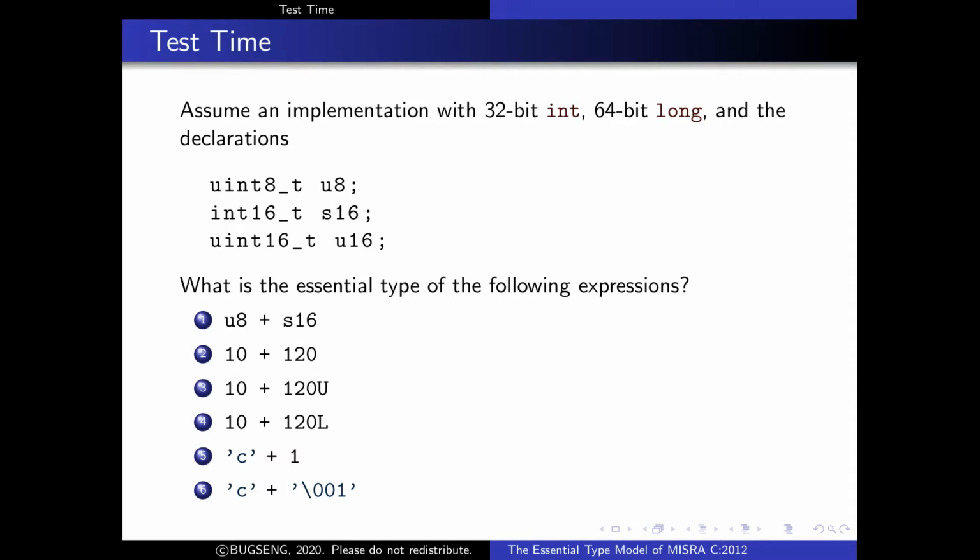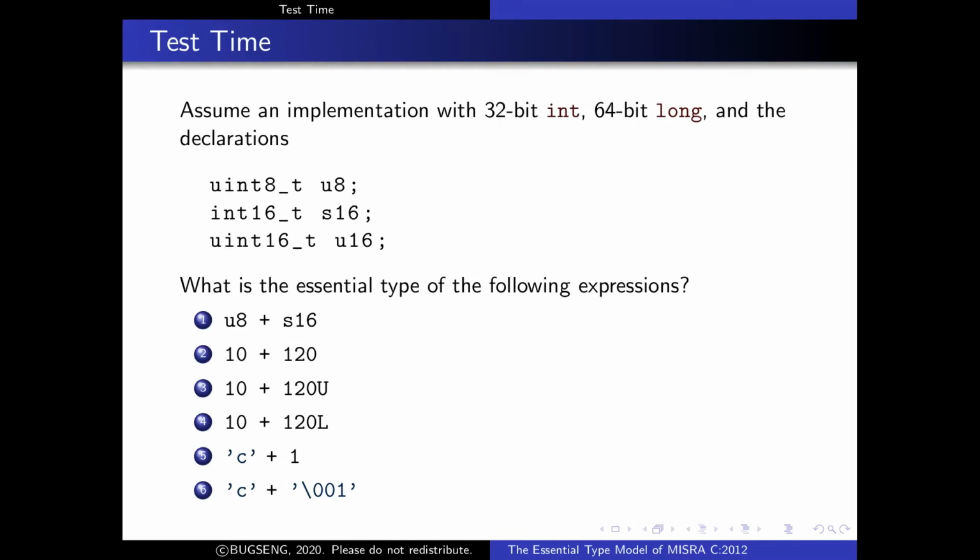Usually understanding the essential type of an expression is trivial if you play cleanly. I've chosen examples where, well, most of them, do not play cleanly. So this makes understanding the essential type a bit more difficult.